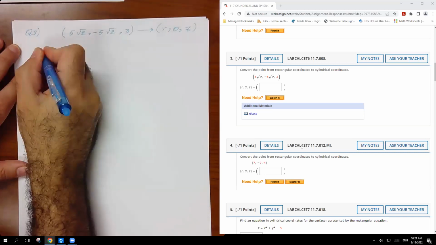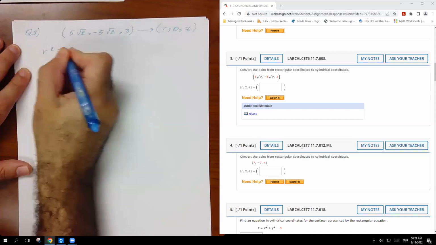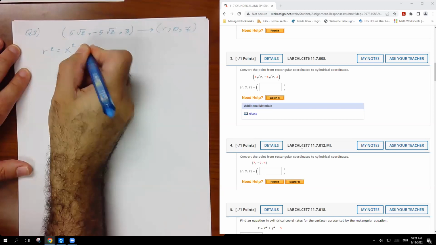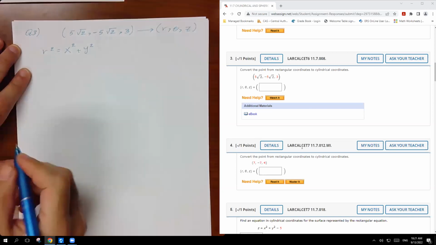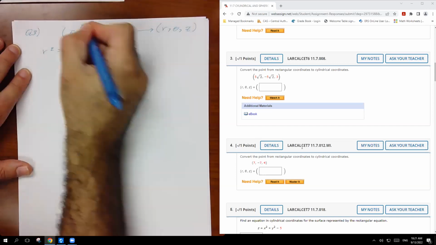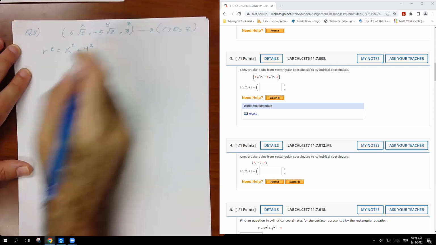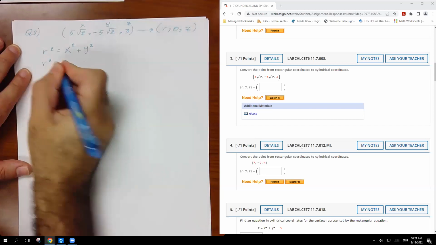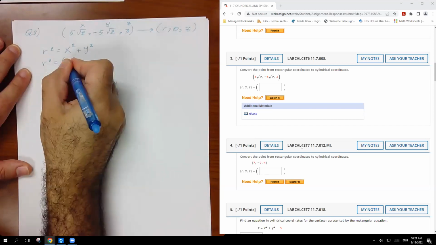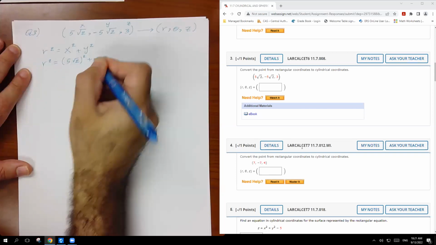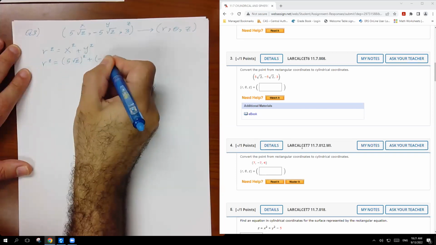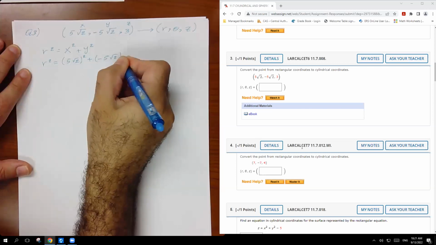So the formula says r squared equals x squared plus y squared. Now, here's the point. This is x, this is y, and this is z. That means r squared is going to be x squared, which is 5 square root of 2 squared, plus y, which is negative 5 square root of 2 squared.